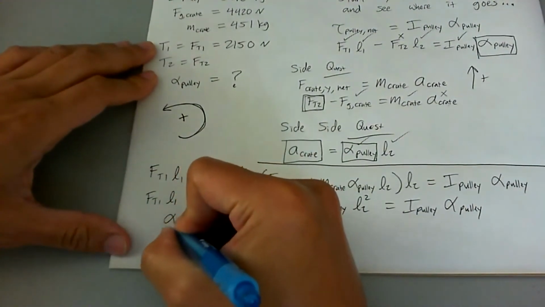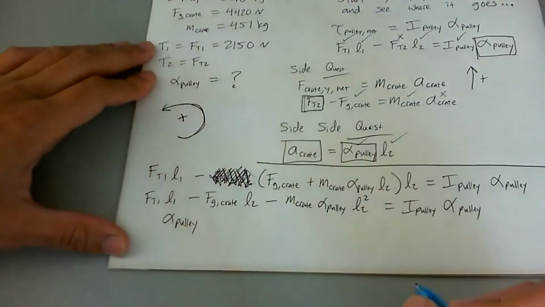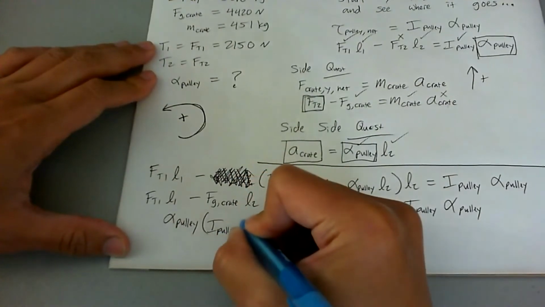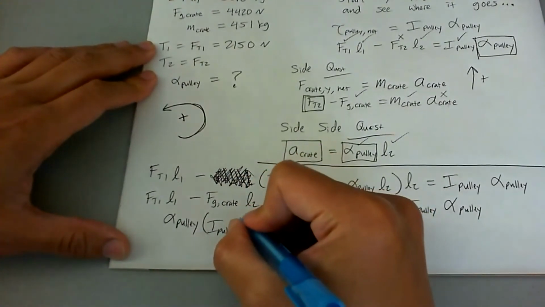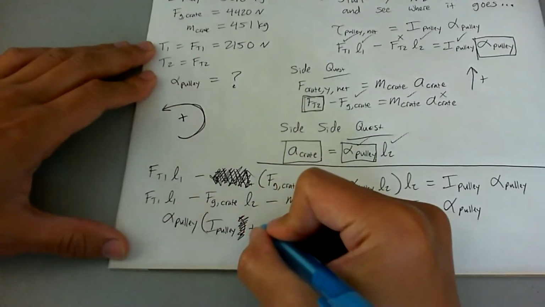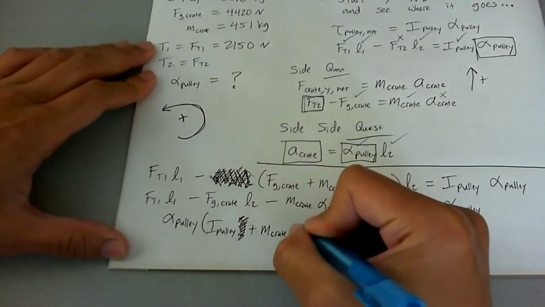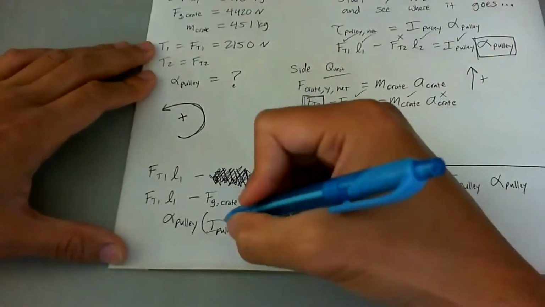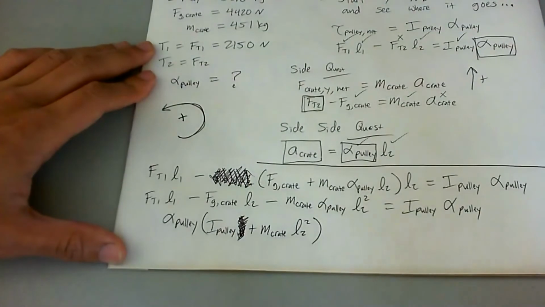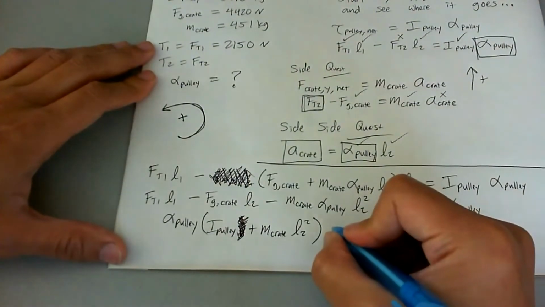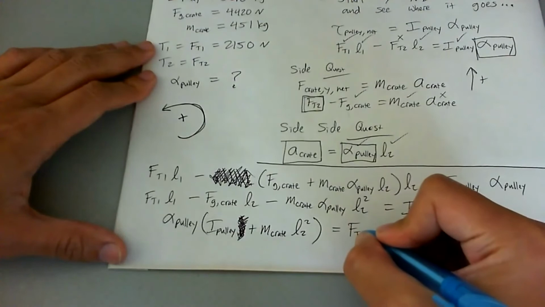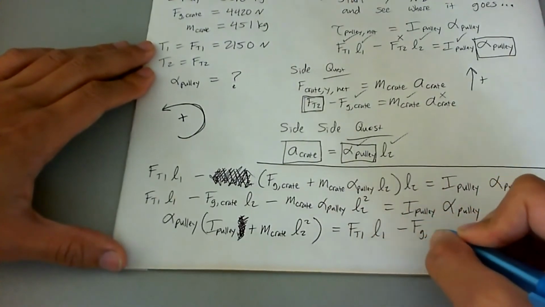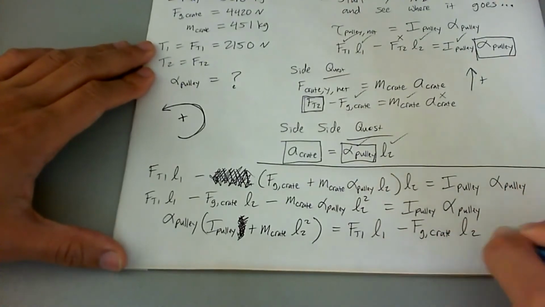So I have alpha pulley times I pulley plus M crate L2 squared. So we got that right. And that's going to equal FT1 L1 minus FG crate L2.